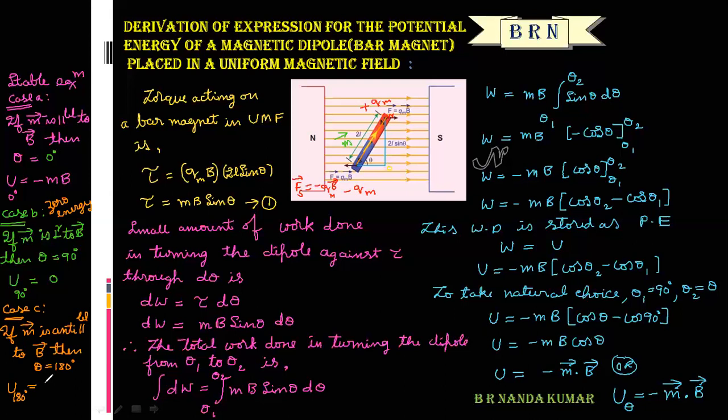In this case, the energy stored in the bar magnet is plus mB. So this position of the bar magnet is called the position of unstable equilibrium, and in this case the potential energy of magnetic dipole is maximum. Okay, so this is very important for 3 mark.